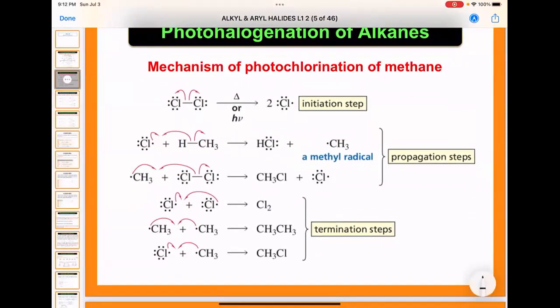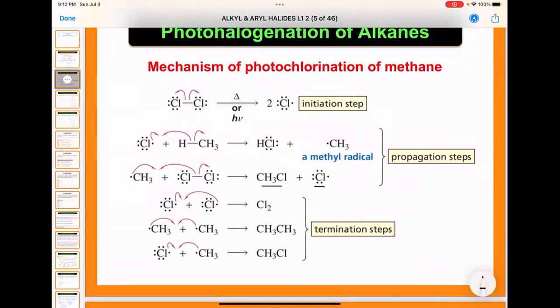The methyl radical is a reactive intermediate, so it will again collide with Cl2 and break Cl, and that's how your product is formed. These are propagation steps.